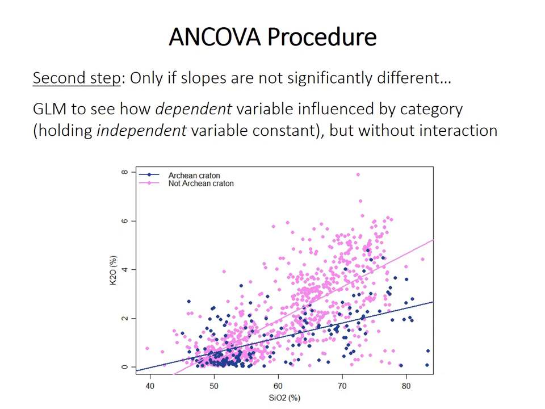This is an example of something called multiple regression, where you look at how each independent variable affects the outcome while controlling for changes in the other variables. We don't have an interaction here, but if the categorical term in the model is significant, that indicates that the groups have significantly different intercepts. I'll show an example of this when I show you how to do it in R at the end of the video.